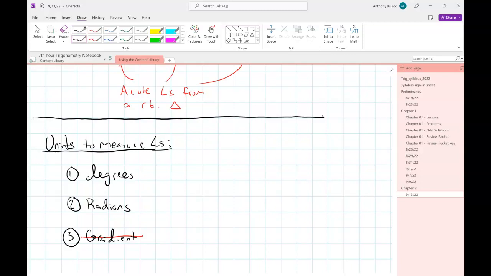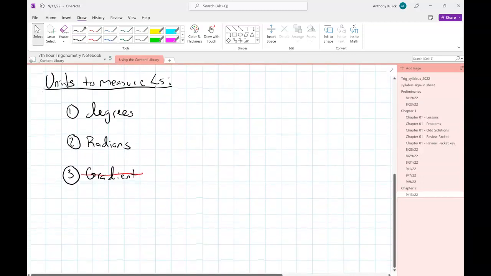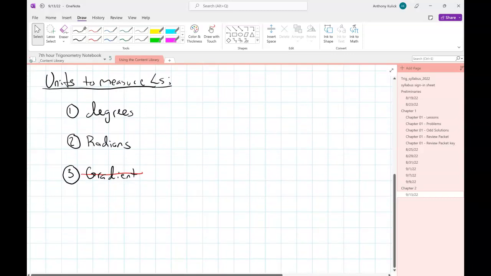So degrees we kind of know about already, right? We understand intuitively what a 60-degree angle would look like versus a 10-degree angle versus a 120-degree angle. Everybody has a sense of that. I'm hoping you could draw me a picture reasonably close to one of those, you know what I mean?